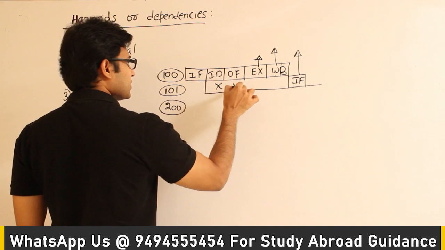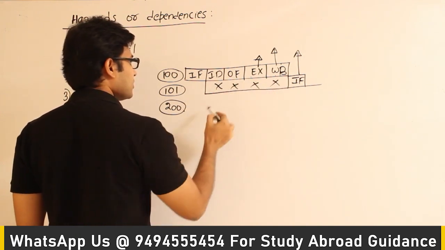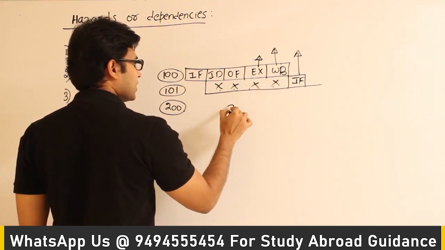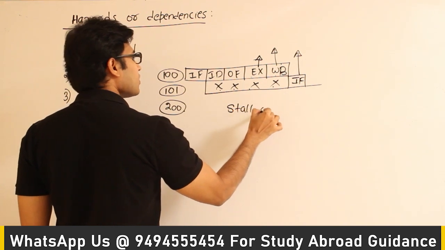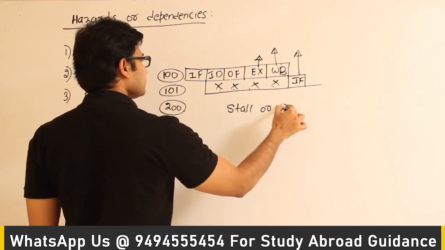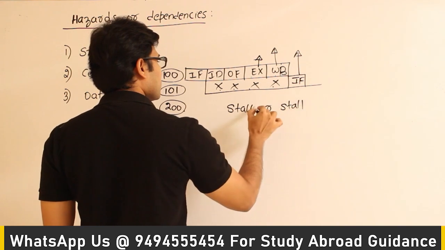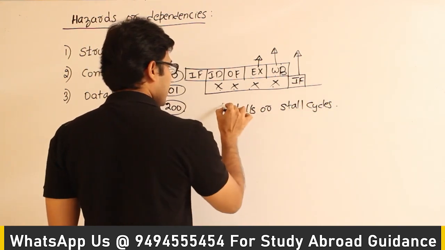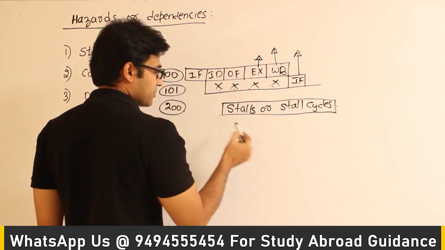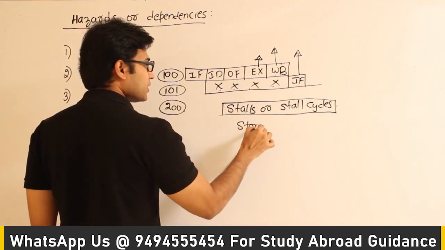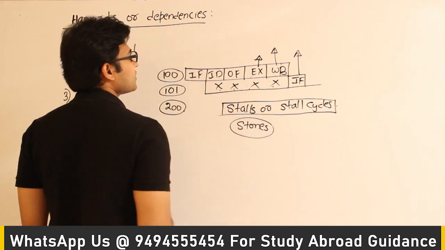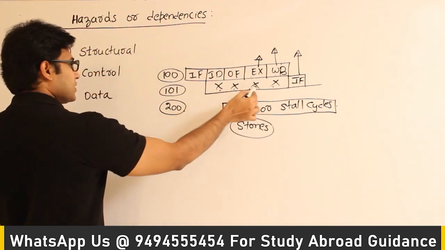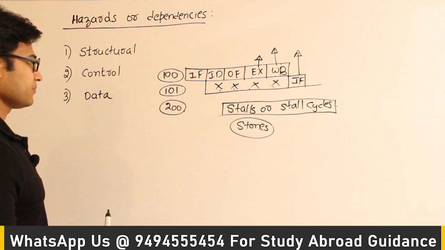So all these things we have to stop, and these are called stalls or stall cycles. Some people even call them stones, meaning useless things. These are completely a waste of time, isn't it?